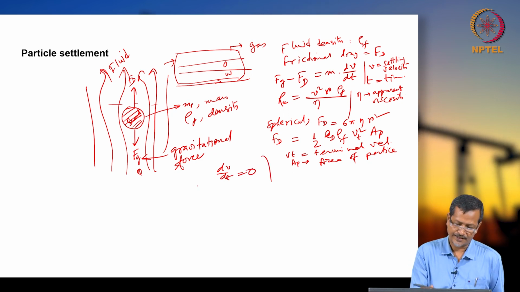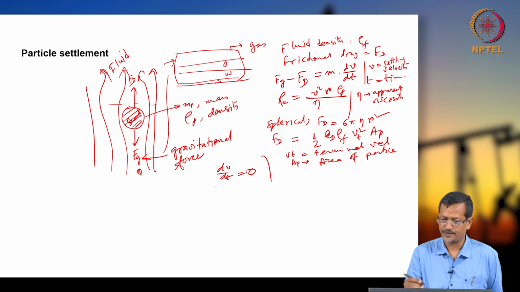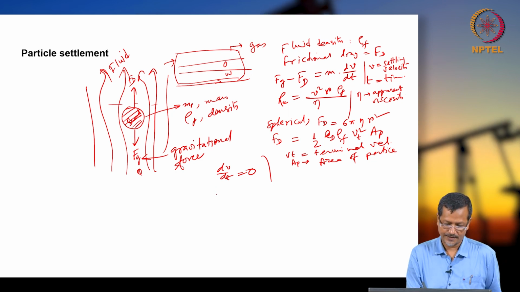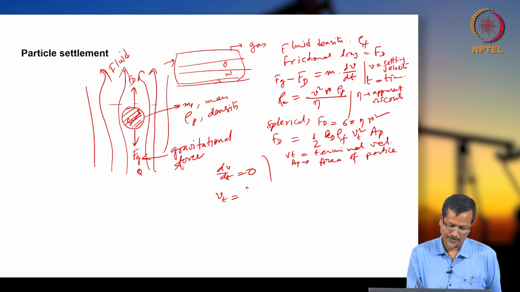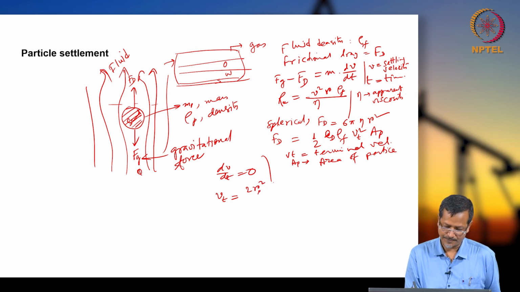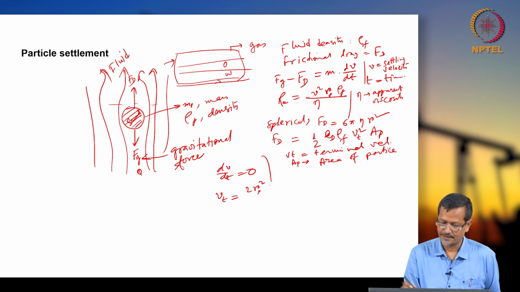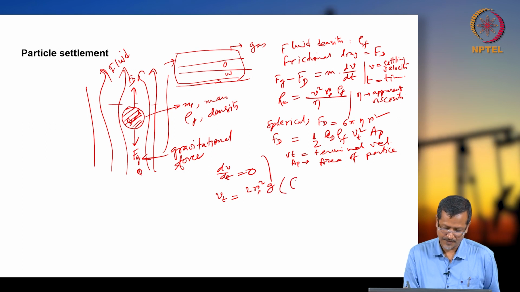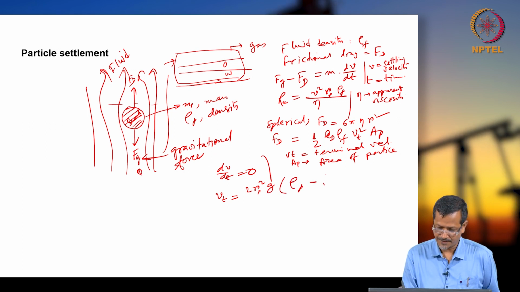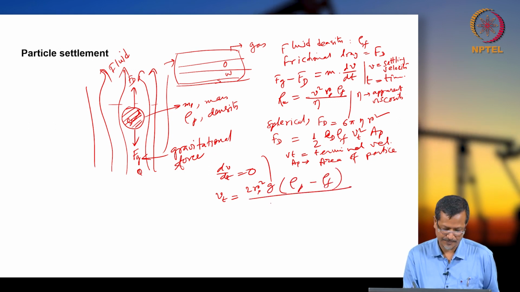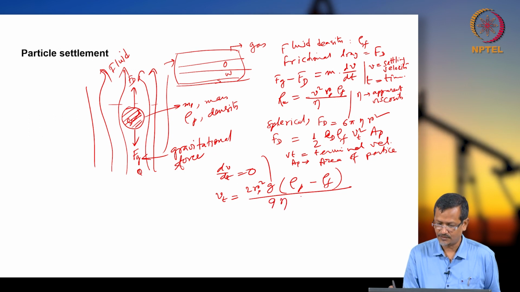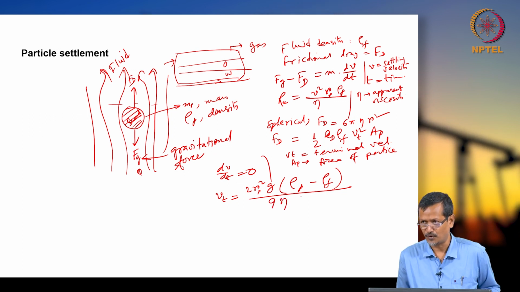If you assemble everything together, the terminal velocity Vt equals 2 rp squared g (rho p minus rho f) divided by 9 eta. This is the terminal velocity formula.